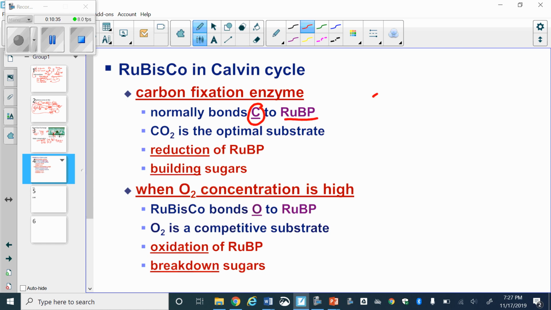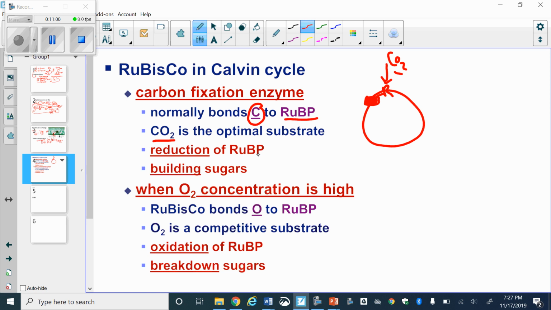Remember RuBP, if this is the cycle here, RuBP was the molecule here, and here's Rubisco, and here comes CO2. Rubisco is going to fix those CO2s onto that molecule that's already in here. That's the RuBP. So CO2 is the optimal substrate, enzyme, substrate, product, right? So we are reducing RuBP is what we're kind of going after, right?